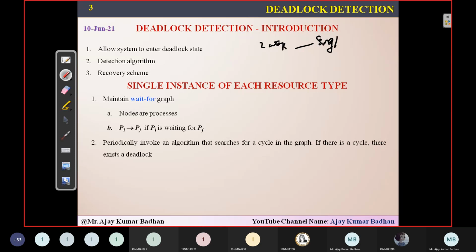Same as in deadlock avoidance, we had single instances of resources, right? Same way here also, we have single instances and multiple instances. And these are related to resources I'm talking about. In resources, you can have a single instance or multiple instances.